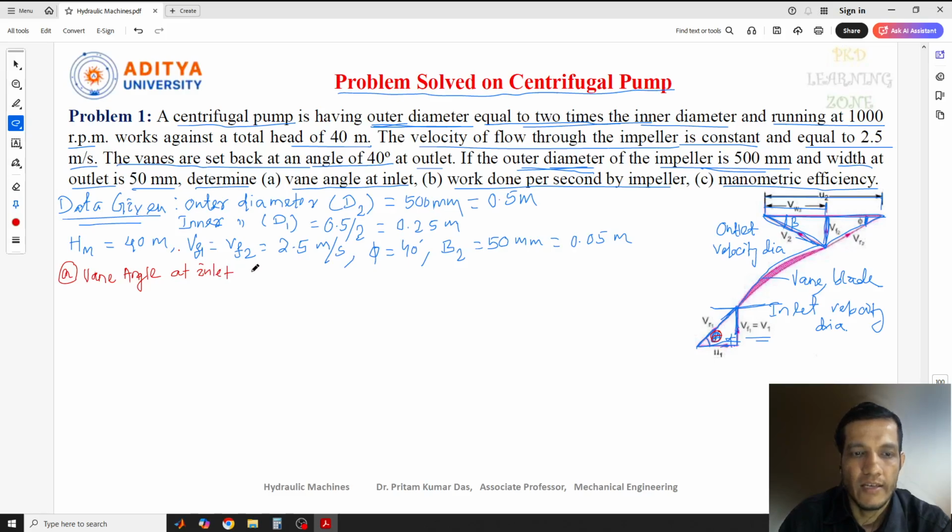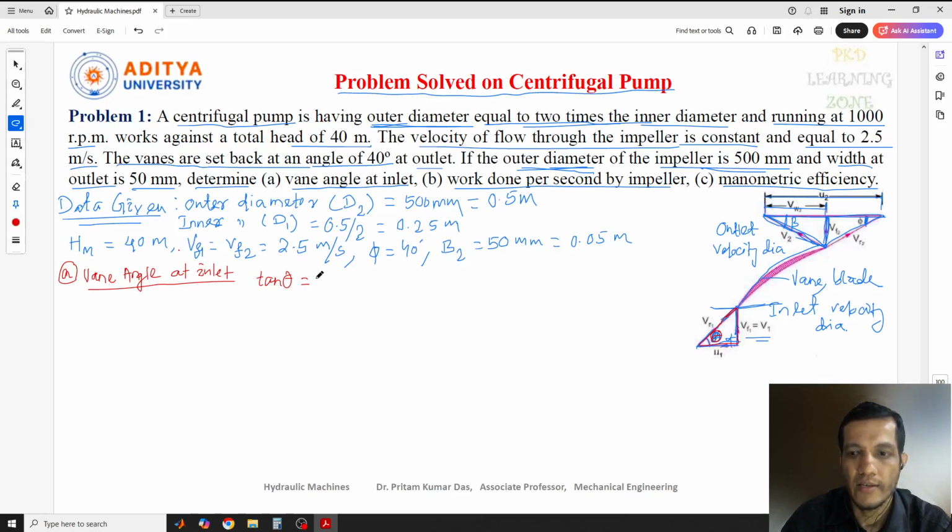At inlet condition, by seeing this triangle, we can write the formula with tangent. We can take the value of tan theta. Here the hypotenuse is there, base is there, and this is perpendicular.